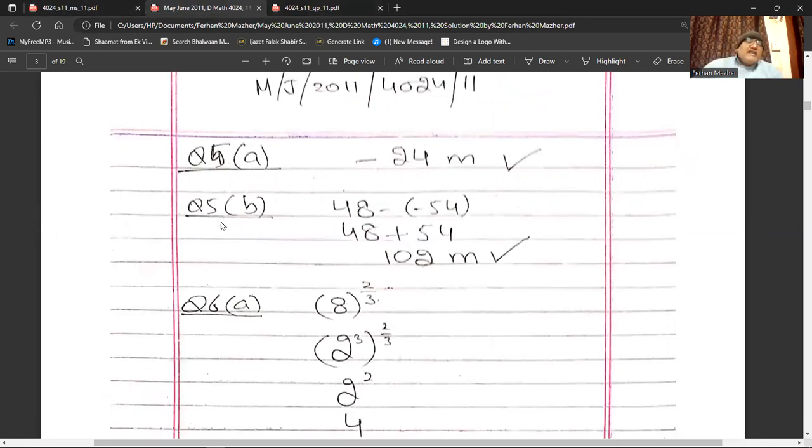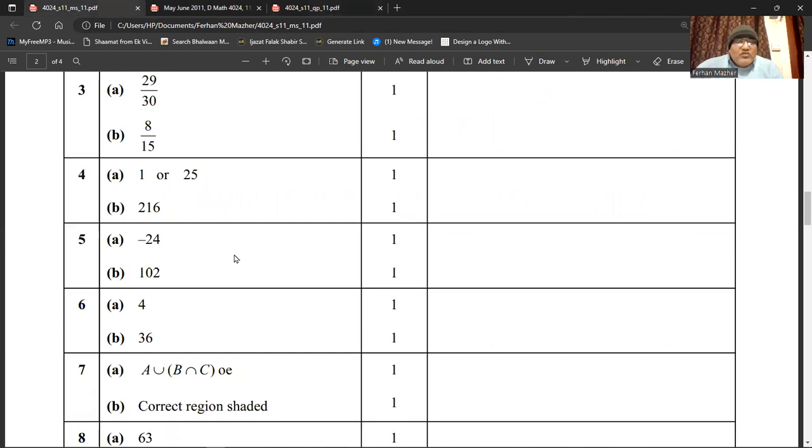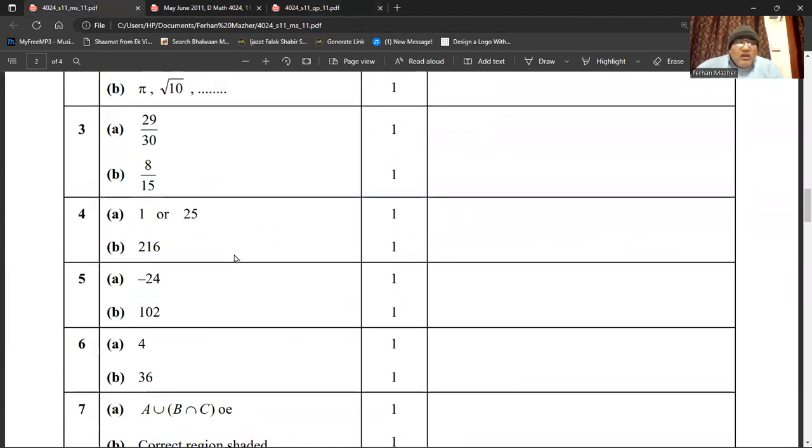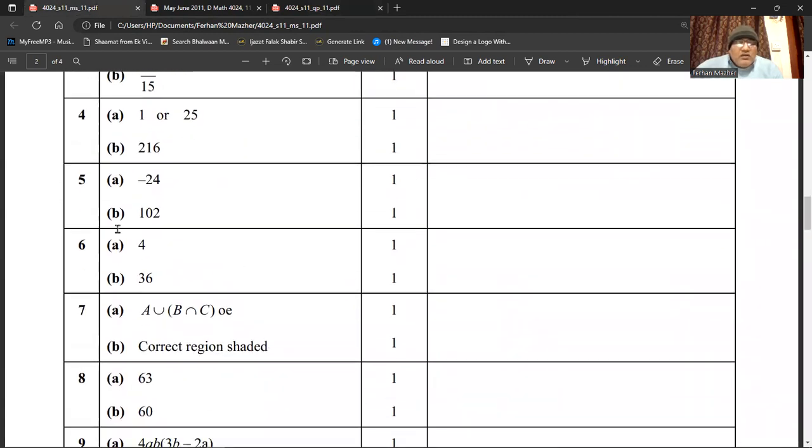So 48 minus 54 becomes 48 plus 54. So the answer will be 102 meters. So the difference of height is 102 meters.